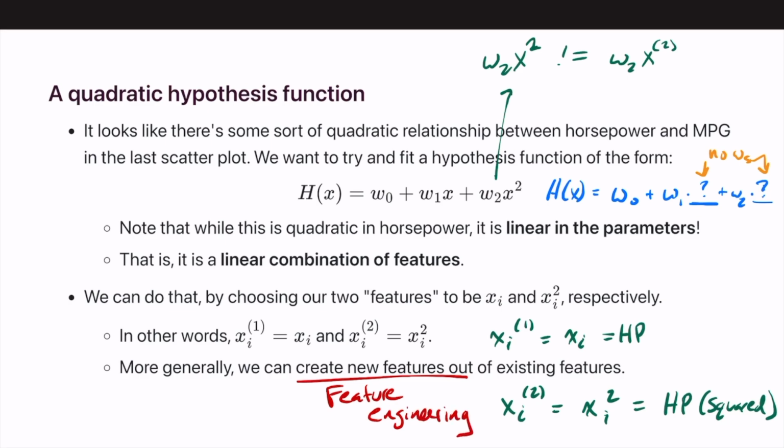Creating handcrafted features has always been a staple in machine learning, and it was an extremely important and big part of machine learning until deep learning came back to the degree in which it has.